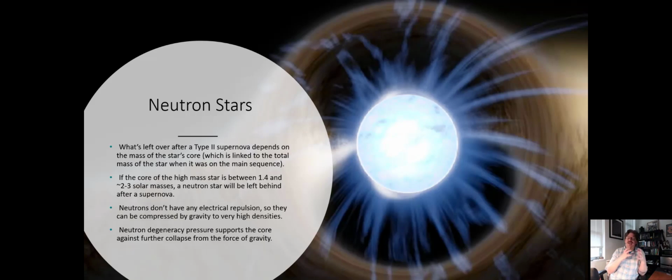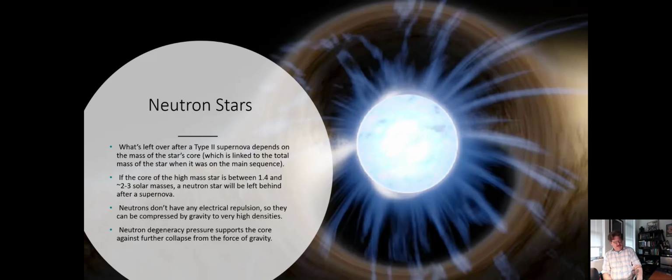Neutron degeneracy pressure can be broken just like electron degeneracy pressure can. And so, when it does, it forms an even smaller, denser object. A neutron star is roughly about 3 kilometers in size, so about the size of Chicago, in a sense, or at least downtown Chicago.